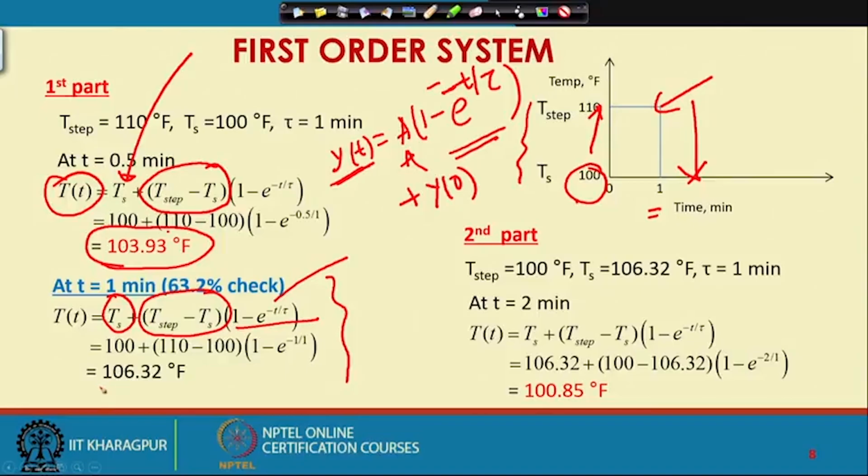So, this you get as 106.32. You remember we talked about 63.2%: when the thermometer or a first order instrument is given a step input, at time t equal to 1 time constant, 63.2% of the final response is achieved.